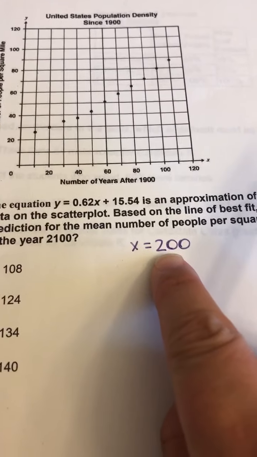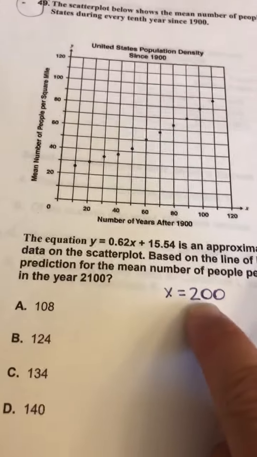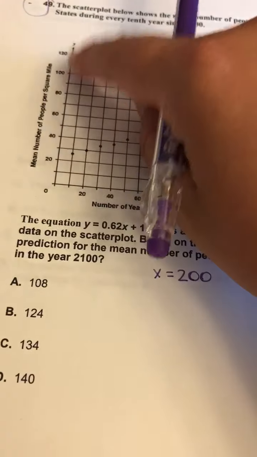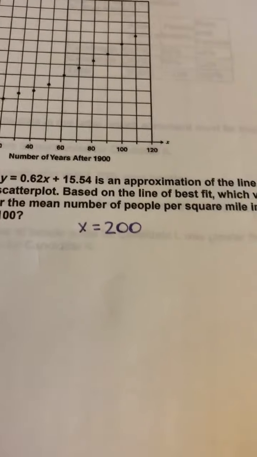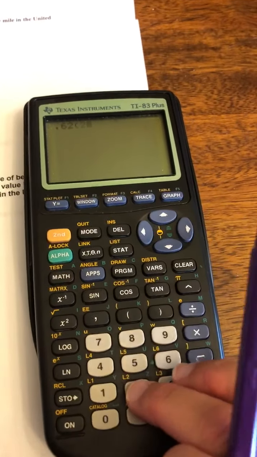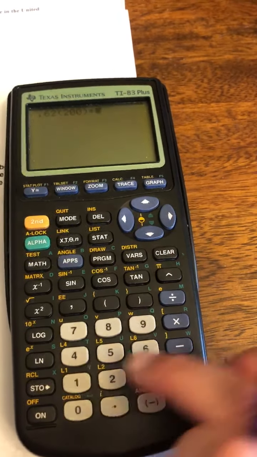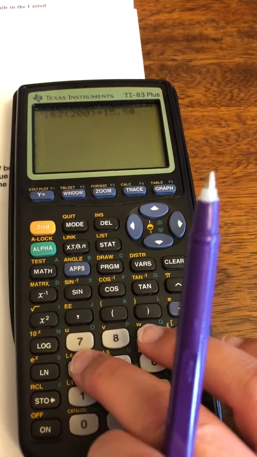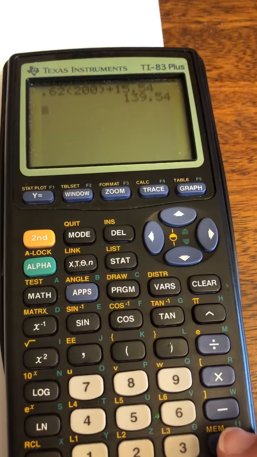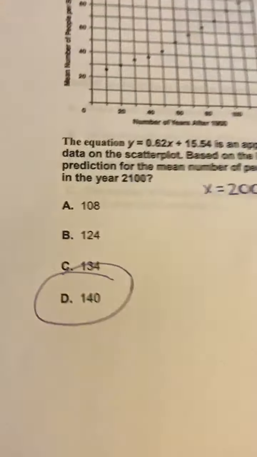So I can plug into the equation they gave me where X is 200, and that's going to best give me the mean number of people per square mile. So if I plug in 200 into the equation, that's going to be 0.62 times the 200 years past 1900 plus 1554. And I get 139.5, so that's definitely closest to D.